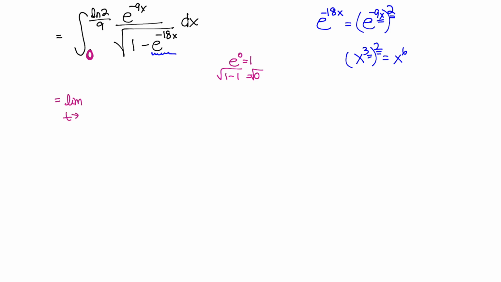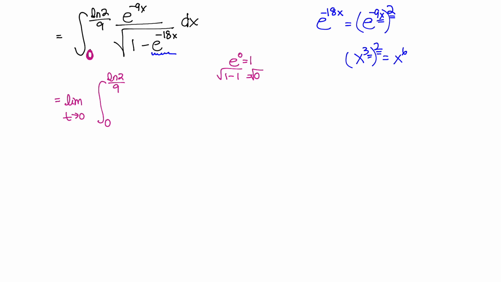You're going to send t to 0, but hang on. Somebody help me out here. Am I just going to 0? I'm not going from both sides. I'm going from which side? Yeah, which side? I'm going from 0 to natural log of 2 over 9, which is a positive number over here.